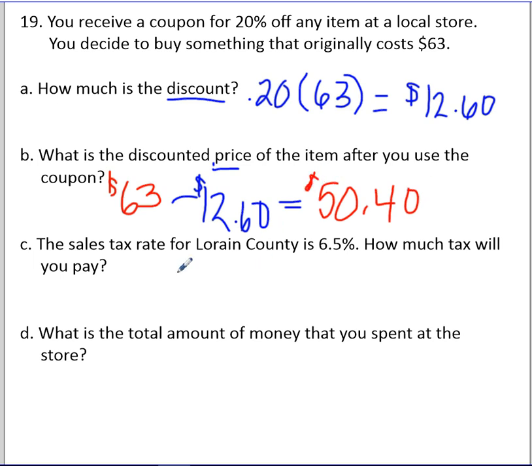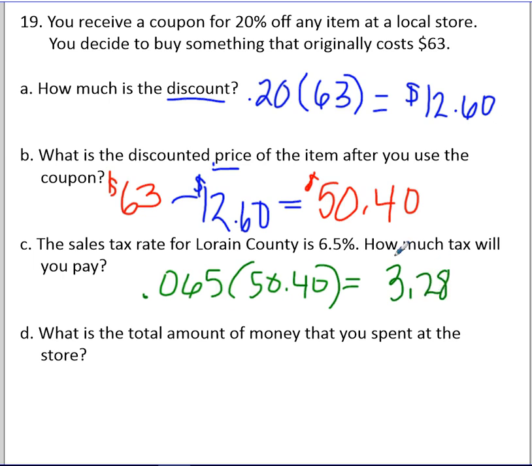So now we have to figure out sales tax. And so our sales tax as a decimal is 0.065. And we'll multiply that by the new price of $50.40. And rounding to 2 decimal places, since it is money, we get that it's $3.28 in tax.